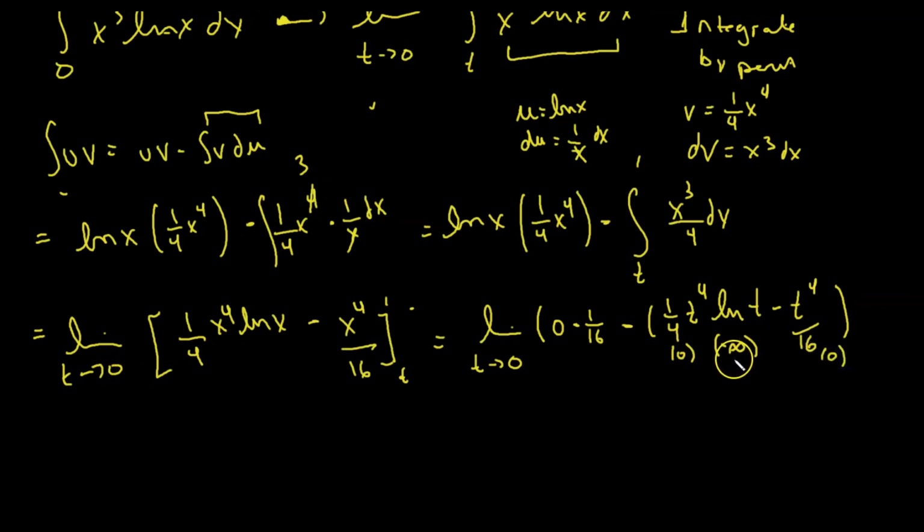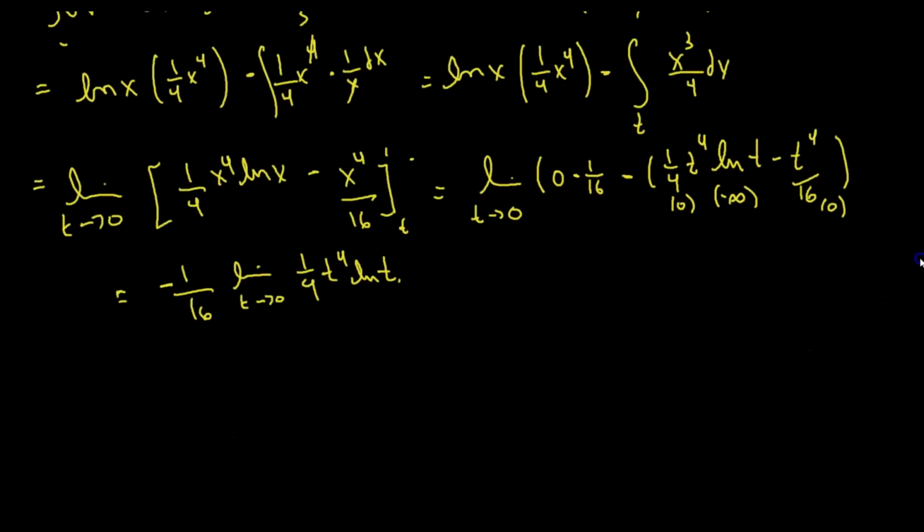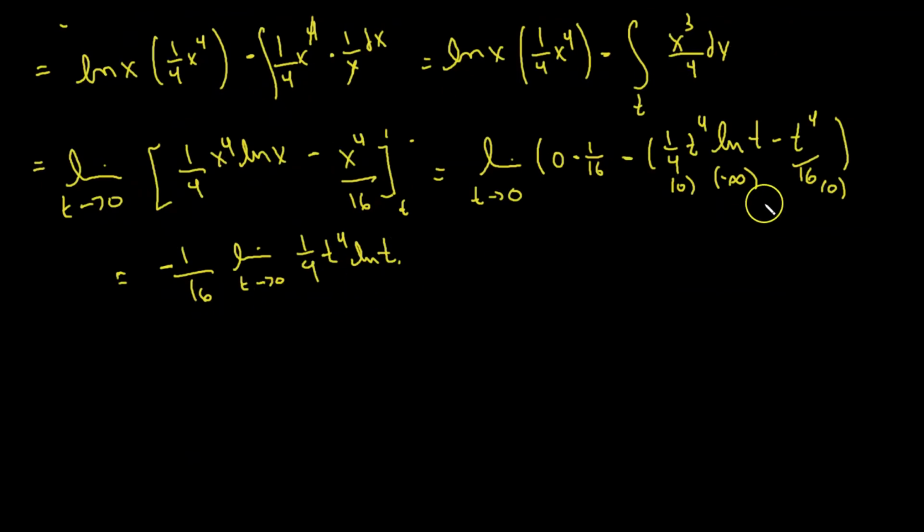So we'll have negative 1 over 16 minus the limit as t approaches 0 of 1 over 4 t to the 4th ln t. This term, we still have to figure out what's going on because we have a 0 and a negative infinity here. That's the way these terms approach.